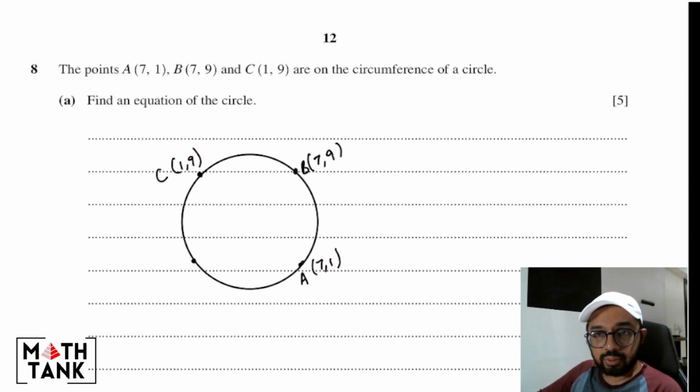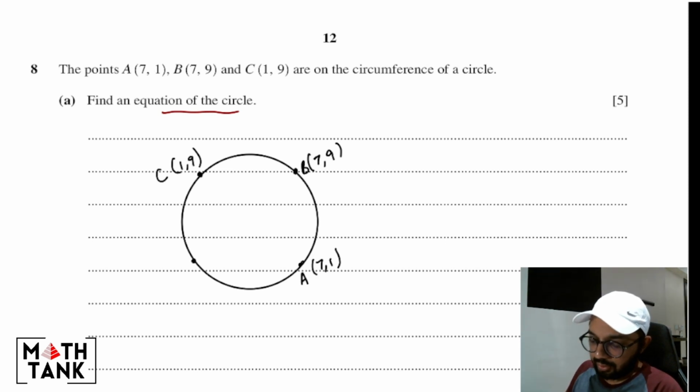What you need to know about the circle is, again, a very basic property, that when you drop a line from the center to the center of a chord, it intersects at 90 degrees. So when I'm trying to find the equation of the circle, I have two objectives. I need to find out the radius and I need to find out the center. Now you need to carefully observe the solution to this.